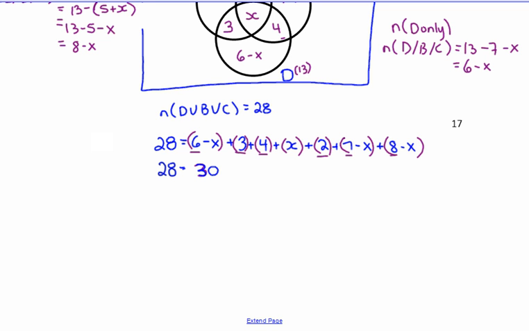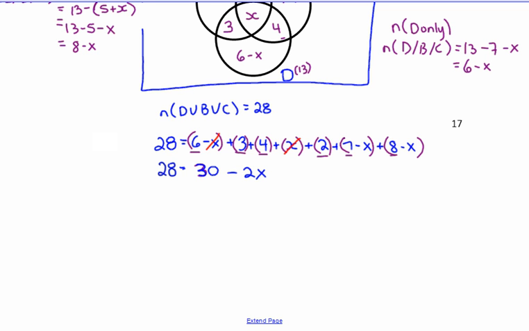Okay. So if I have a negative x and a positive x, what happens with that? Negative 1 plus 1, they cancel out. And then we're left with minus x minus x. So we're going to have how many minus x's? 2 of them. So now we have this equation to solve.